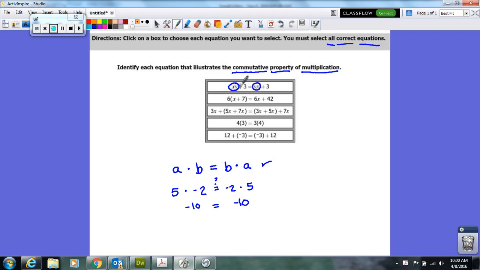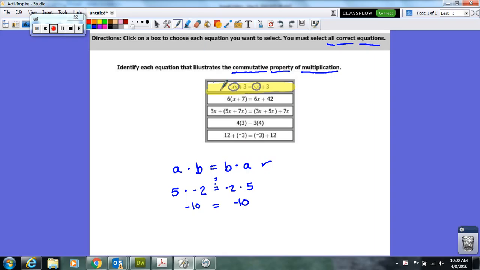What it's saying is this side is the same as this side because x times y is the same as y times x. The order in which they were multiplied does not matter, and that is exactly what the commutative property says. So we're going to go ahead and choose the first choice as one of our answers.